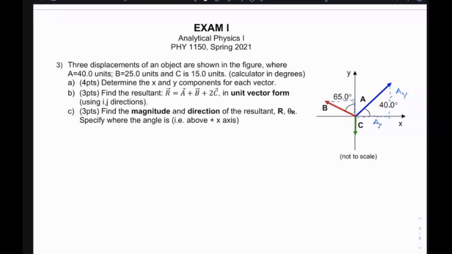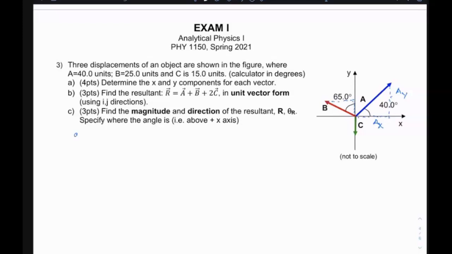Well, in the figure, I've already decomposed vector A into its x and y components. The x component of A is horizontal, and the y component is vertical and positive. A sub x is positive as well. A sub x is the adjacent side of the right triangle, and A sub y is the opposite side.